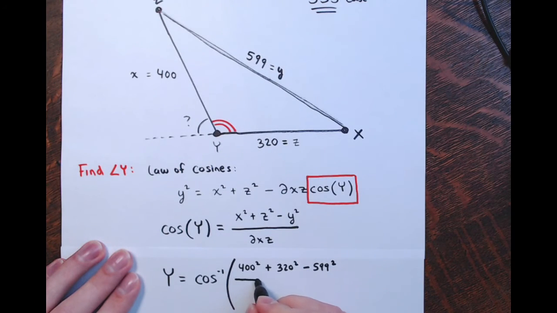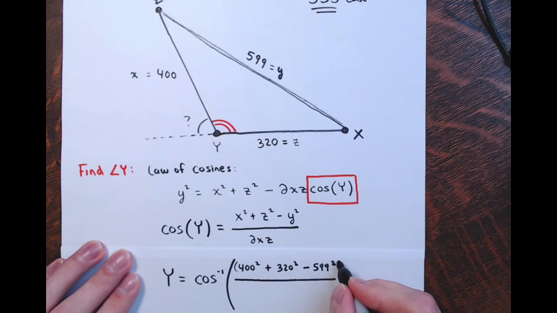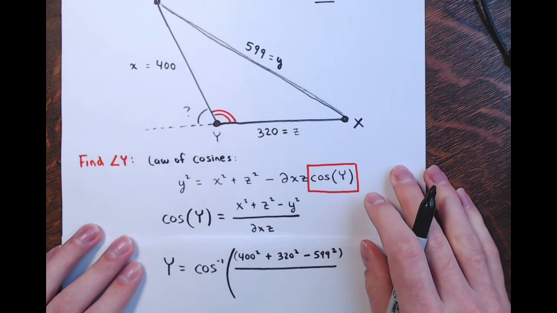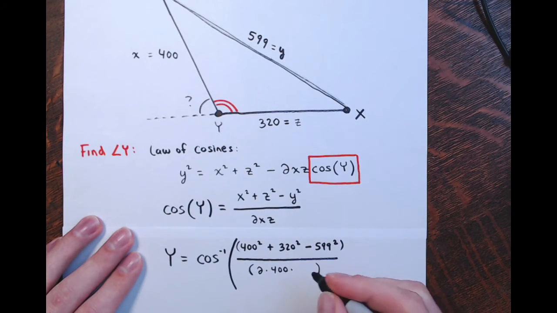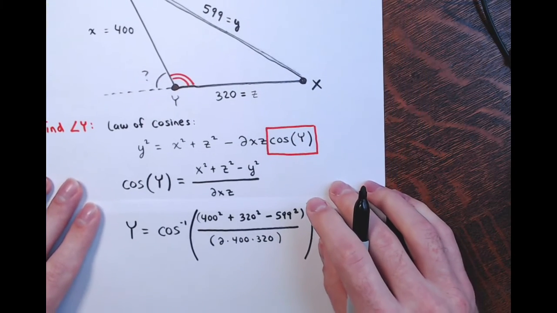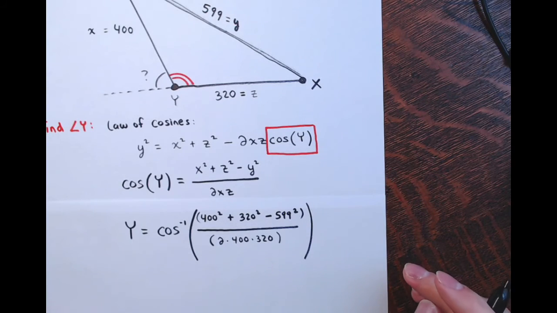That's all in the numerator, so I'm going to put parentheses around that in my calculator. And then again, parentheses around my denominator when I enter it in the calculator: 2 times x times z, 2 times 400 times 320. So this is what I'm going to enter, and I'm in degree mode here. They want things in degrees.